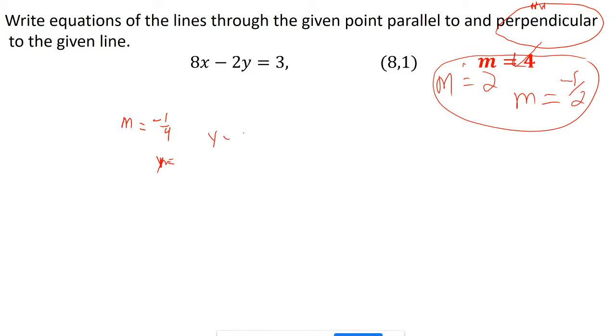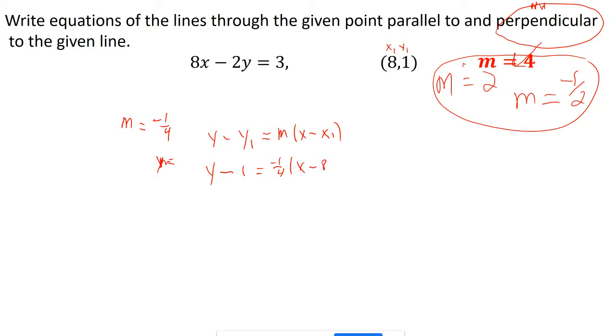Let me go with y minus y1 is equal to m times x minus x1. And so here we have y minus. Remember, you can use this as your x1, y1. So y minus 1 is equal to our slope, which we said would be negative 1/4.